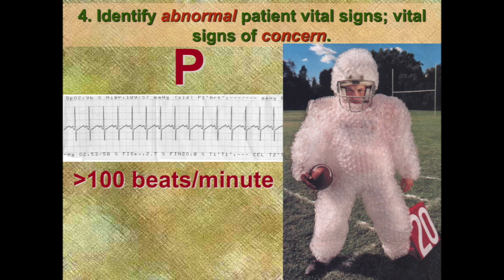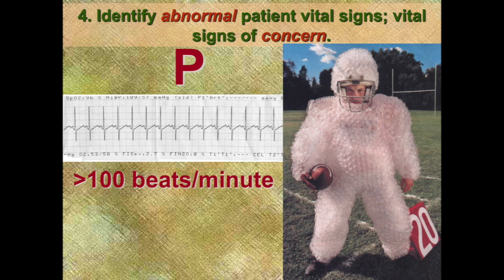So usually that's about age 8 or so, they're considered adult. But for a young child, especially the youngest child, the rate is going to be over 100 beats per minute. And believe it or not, we call that a sinus rhythm, even though it really is a rate that is normal for that patient.